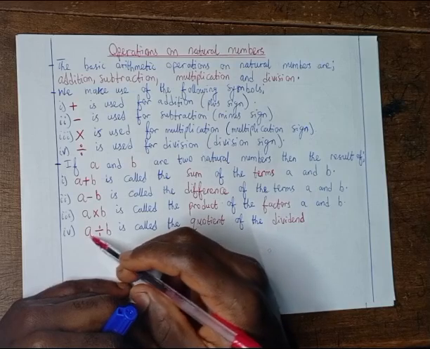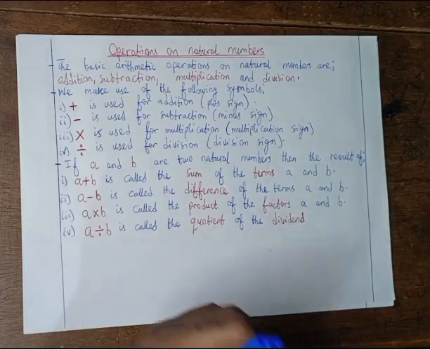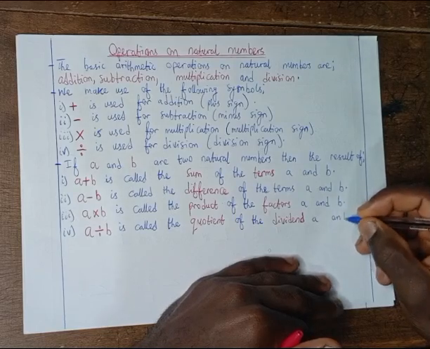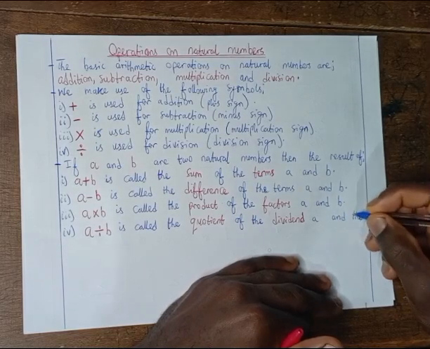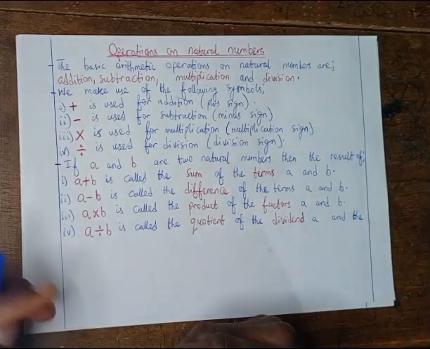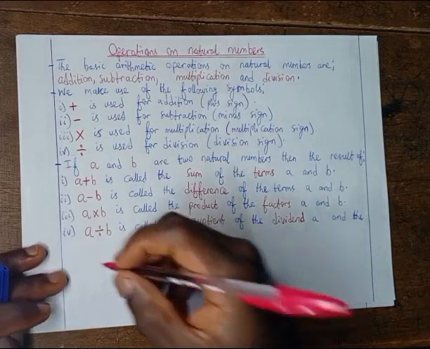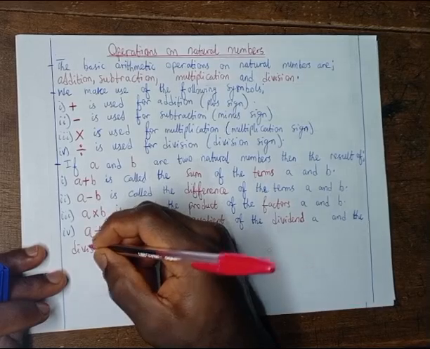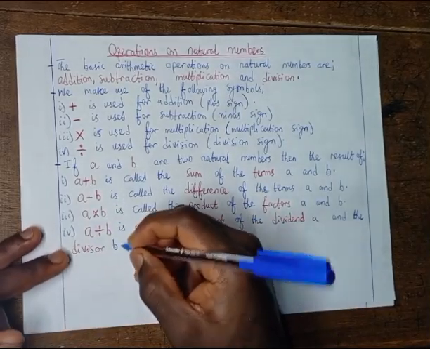We call the first number the dividend, the dividend A, and the second number which comes after the division sign, we call it the divisor, the divisor B.